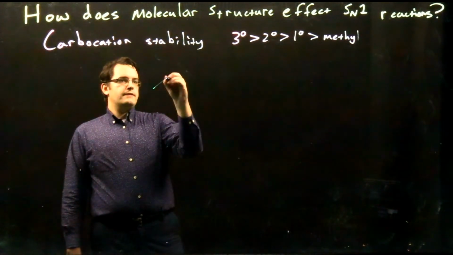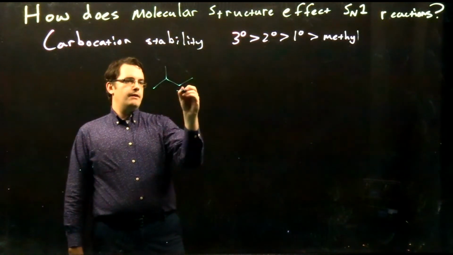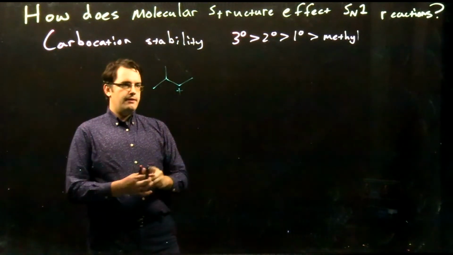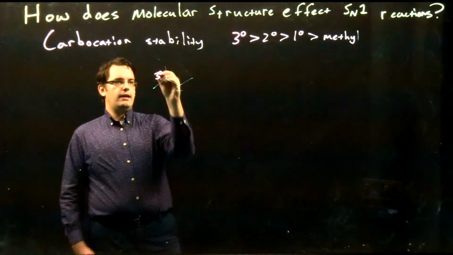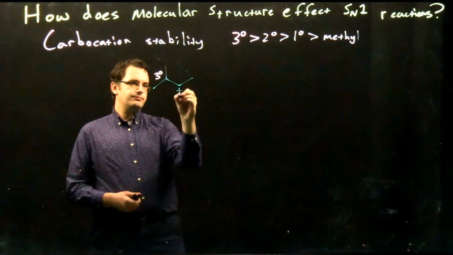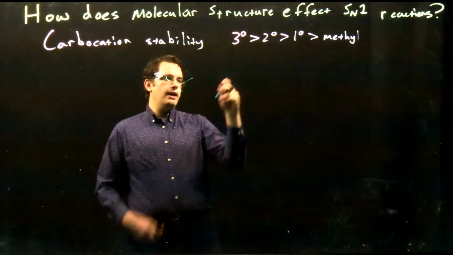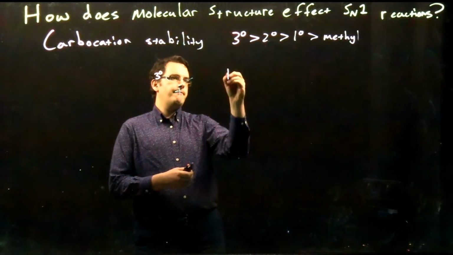So overall, we can say if we have a tertiary carbon next to our secondary carbocation, we can do a hydride shift.